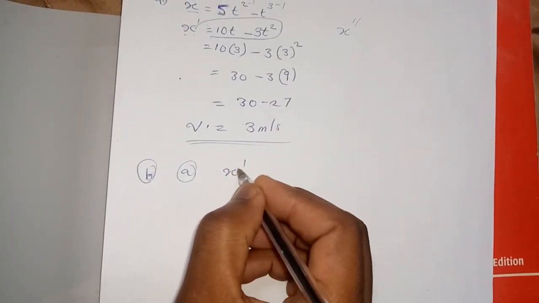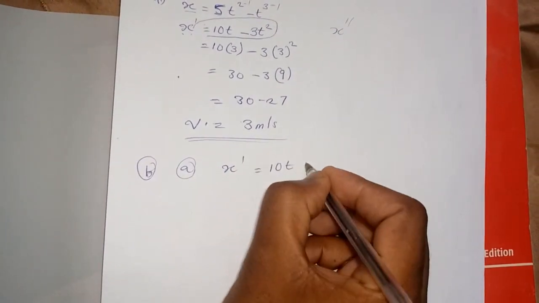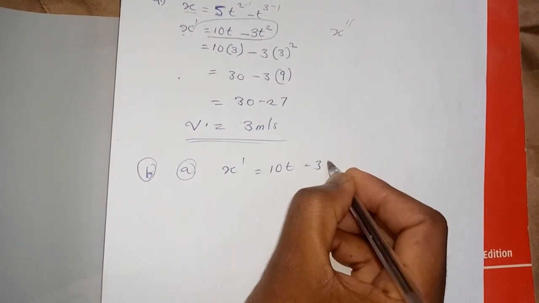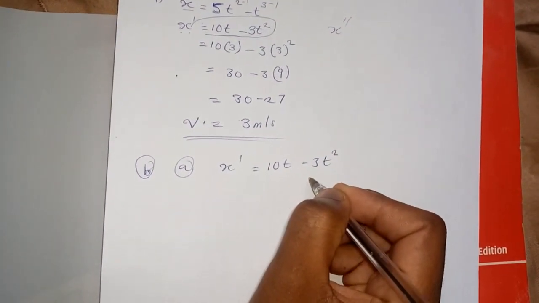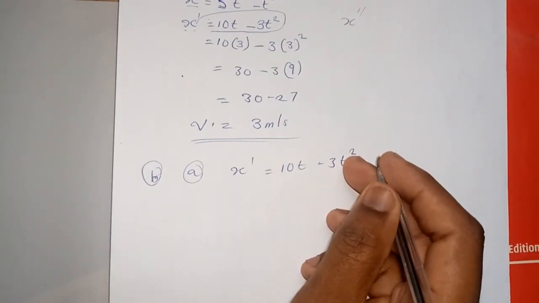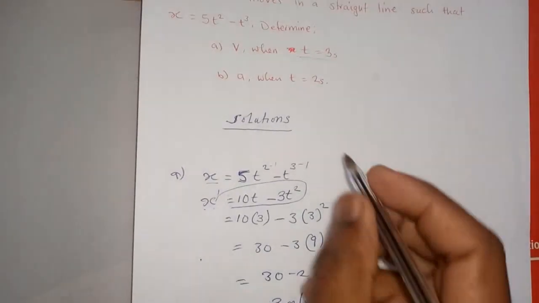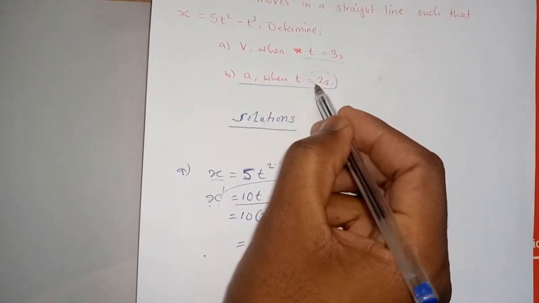So we're going to say from x prime, where we have 10t minus 3t squared, remember, our t this time around, when we're looking at acceleration from the question, is 2.